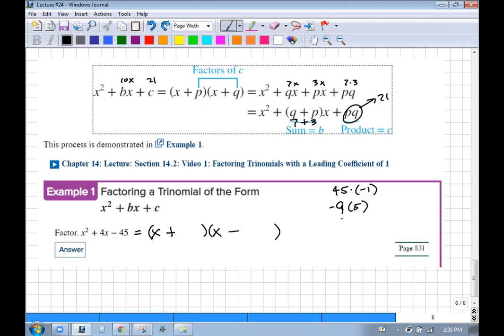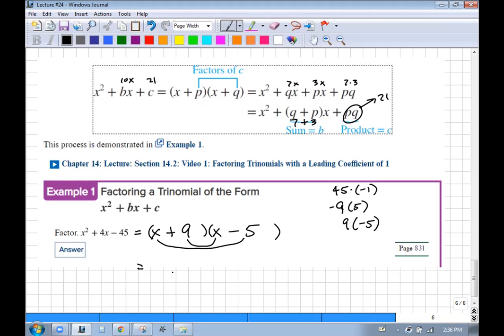So instead of that one, let's do 9 and -5. If I did a +9 and a -5, that times that gives me the -45. That gives me a +9x minus 5x. So 9 minus 5 is 4. Okay.